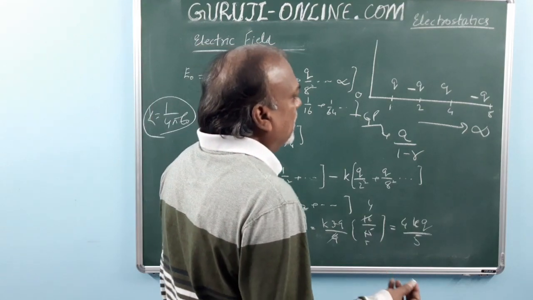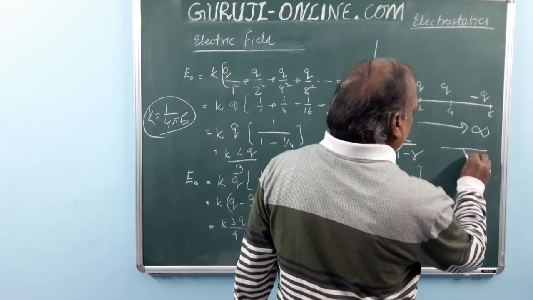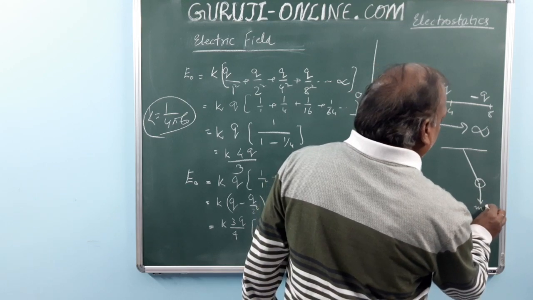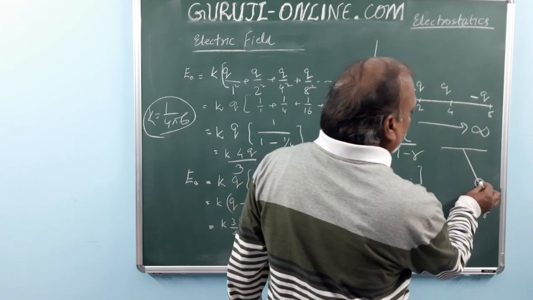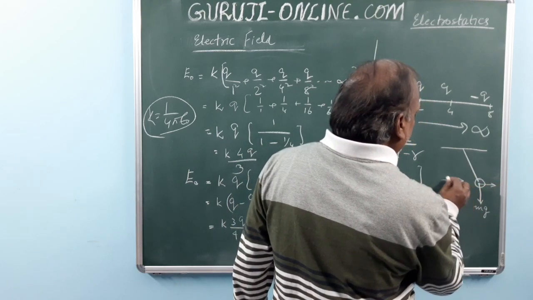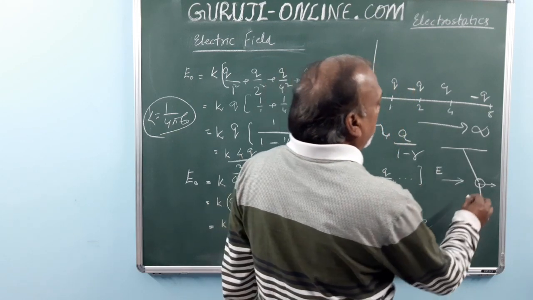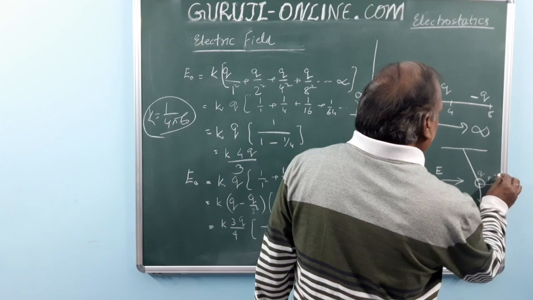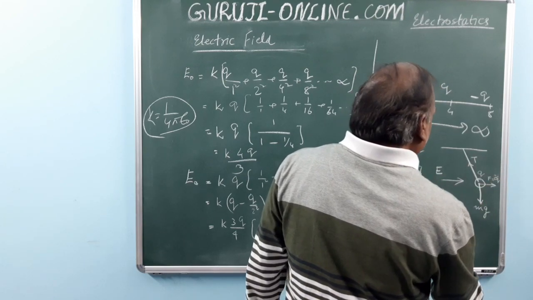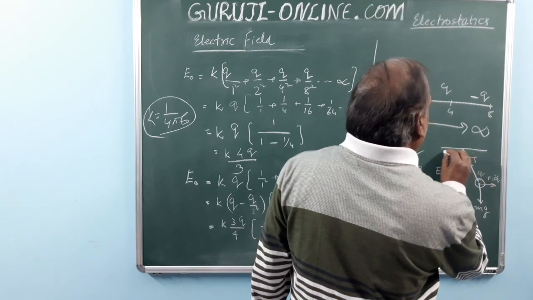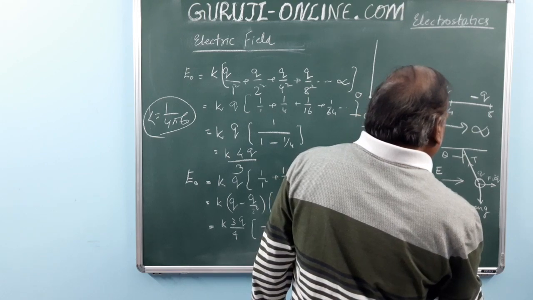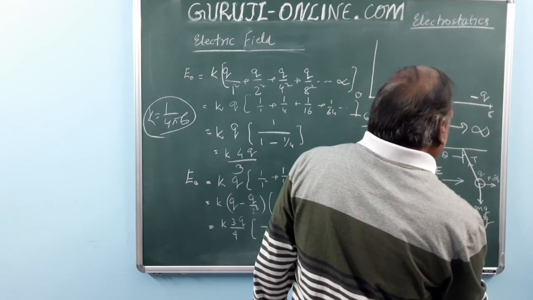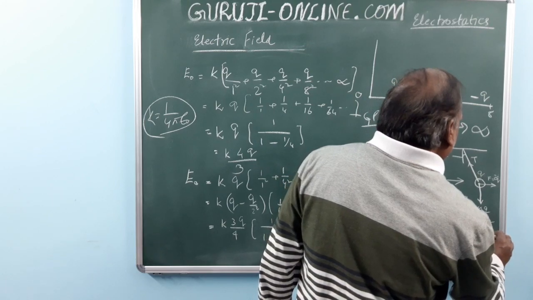Another problem of this type: suppose a pendulum is given, it has mass m, naturally this will have mg, and suppose this is in the electric field E, and it has charge Q, then this will be F is equal to EQ, and you are asked to find out the T. Suppose this is theta, so T cos theta will be nothing but mg, and T sin theta will be nothing but EQ.